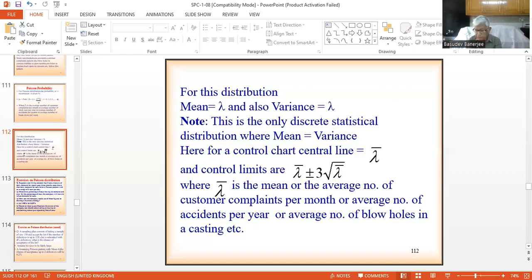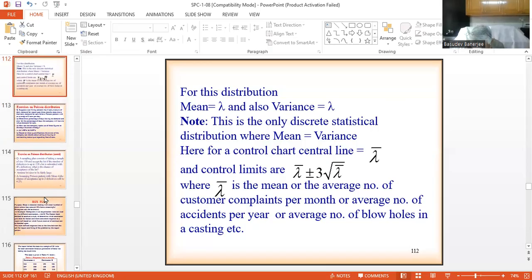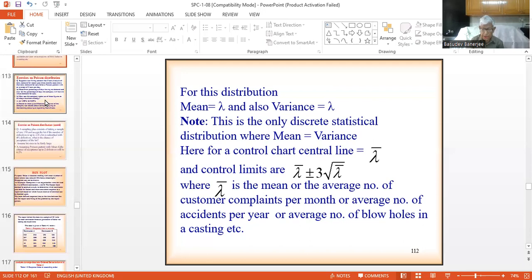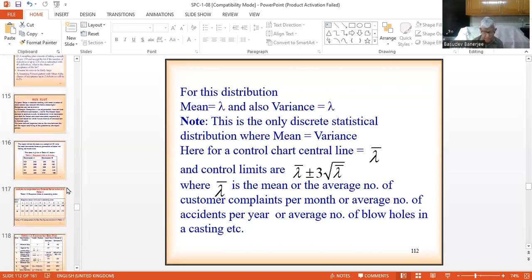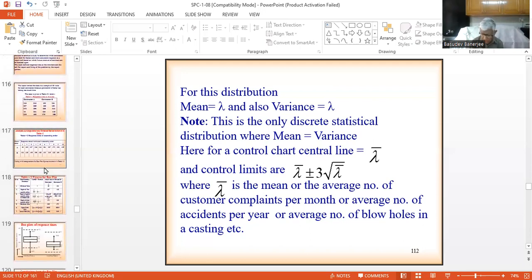Now we'll go to the most important statistical distribution, namely the normal distribution. That is given on page 20-9. Here, refer to statistical table number 1, ST1.